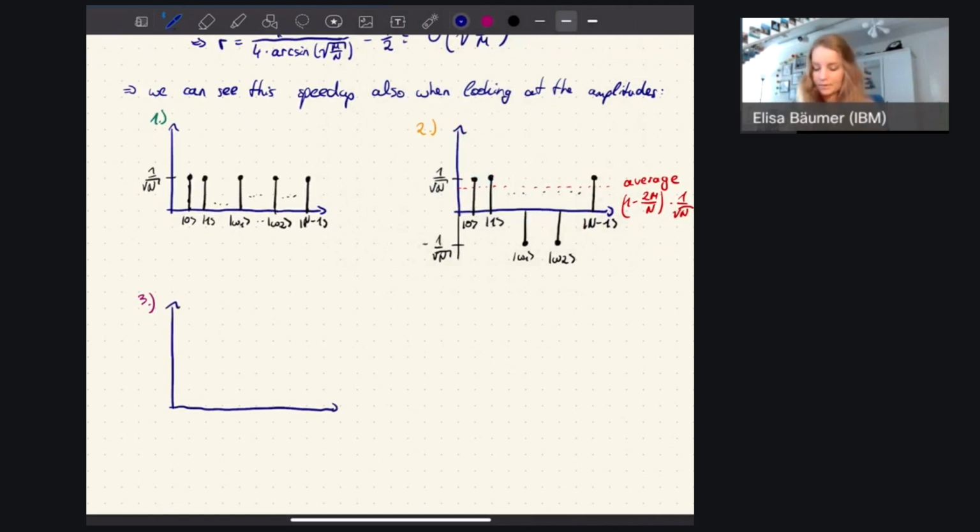In the third step, now that we reflect around the average, which is now somewhere here, since the distance to the average is larger, these elements will have an even smaller amplitude than they had if we only had one marked element. So it will actually be 1 over square root of n times 1 minus 4m over n.